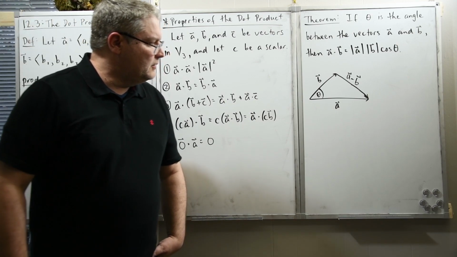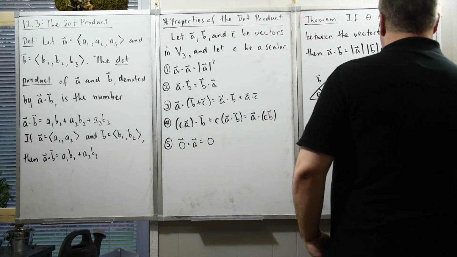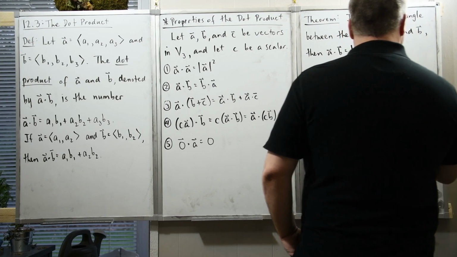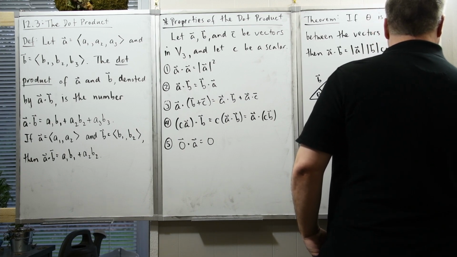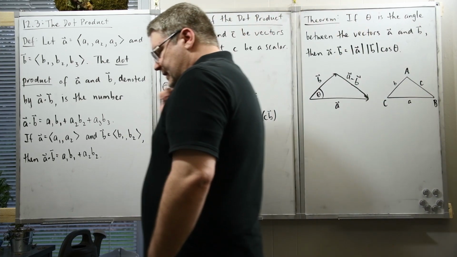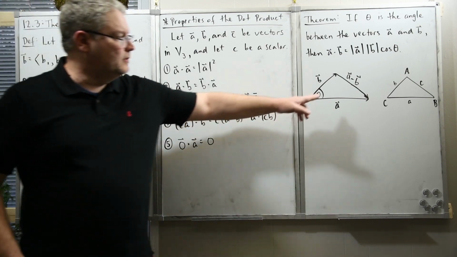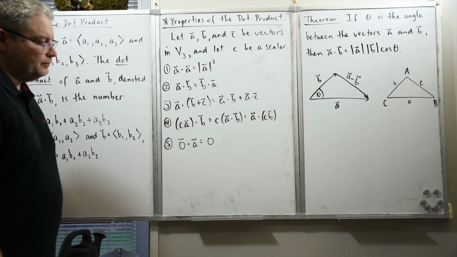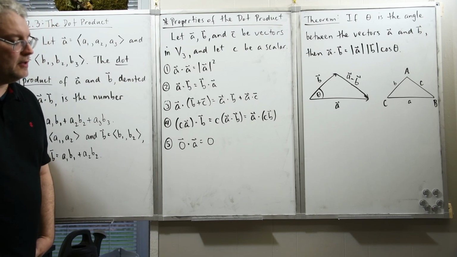But we can go back to a pretty familiar formula. You see, if I set up a triangle like so, that looks pretty much like the one we have here, you may remember that there is a formula from precalculus trig called the law of cosines.